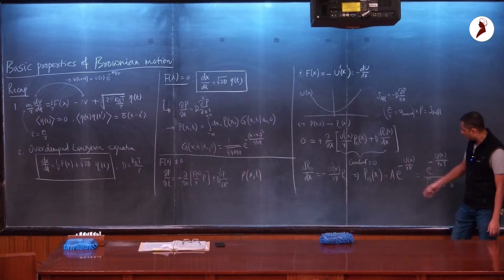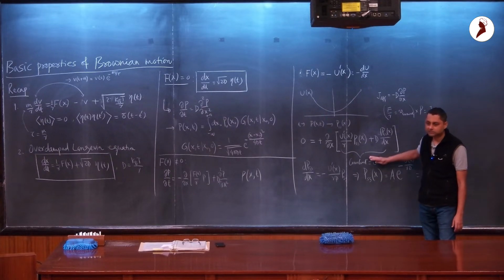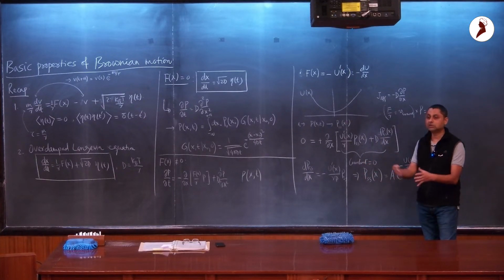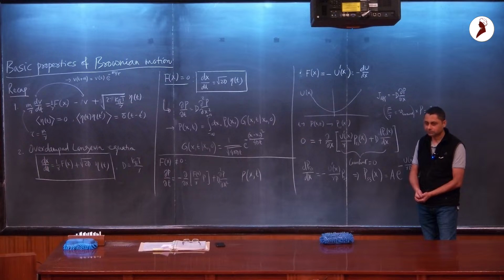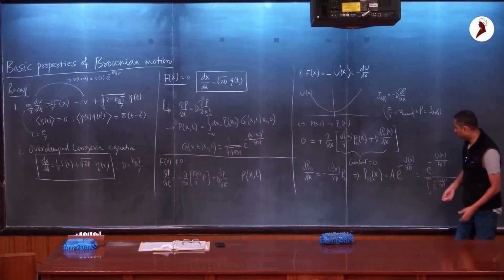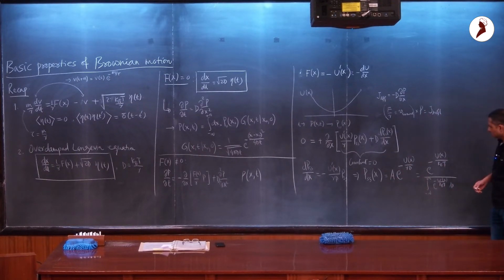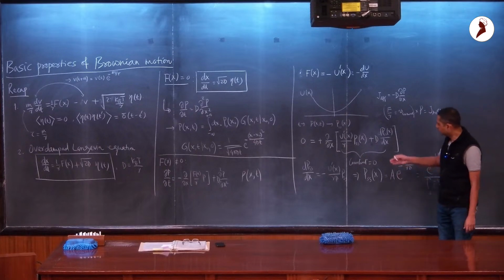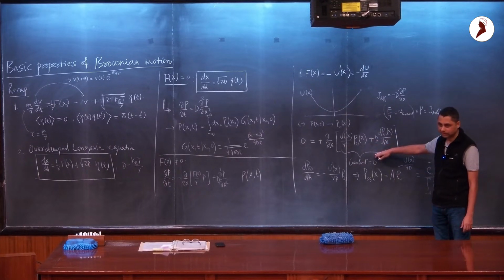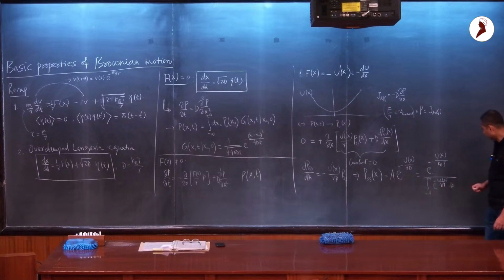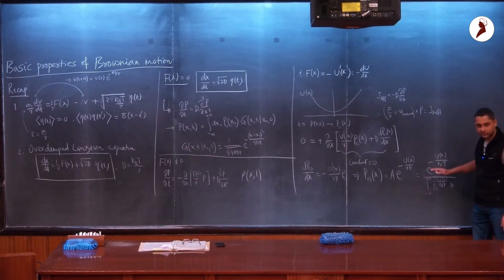So why do you assume that there is a stationary state? What I said just now was based on some intuition. Let's be a little bit more concrete and see why there is a stationary state. Before doing that, is this expression true for any form of U prime? That's what we are going to see now.